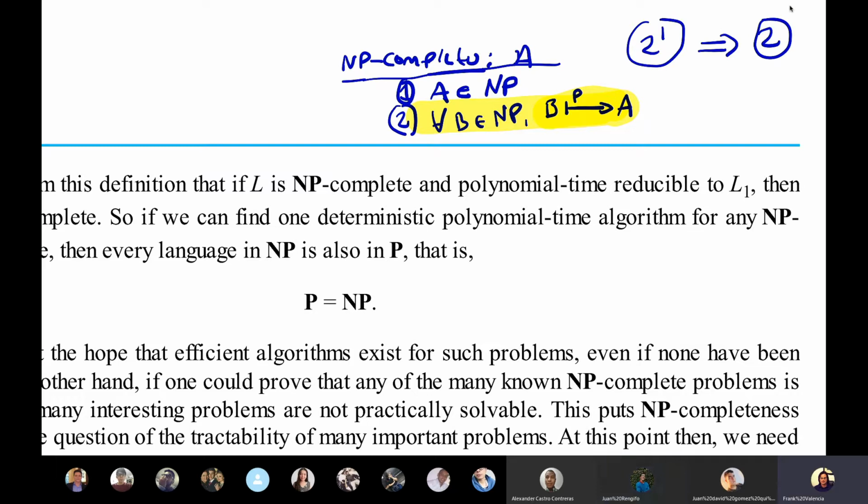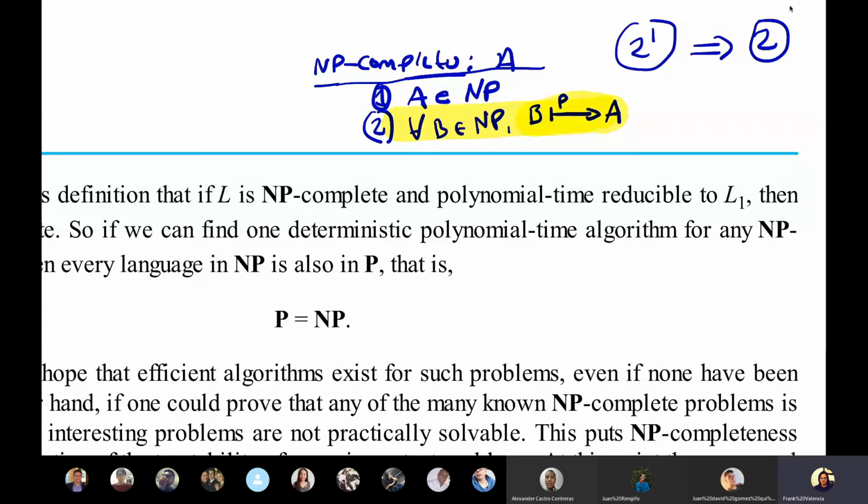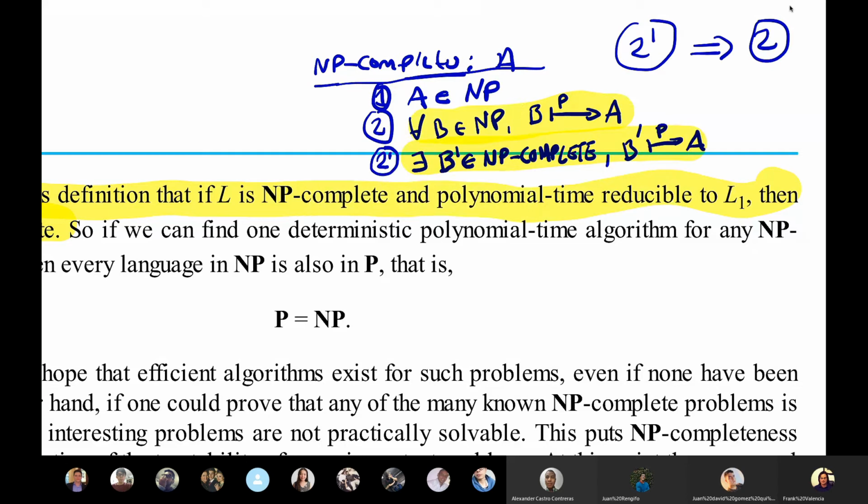I mean, you can make up problems and prove that they are NP, right? You can imagine that. But luckily, that is the main thing. Let me go back. Oops, here. Okay.